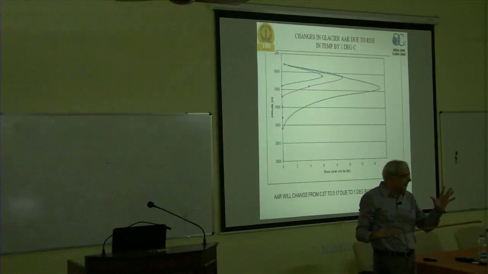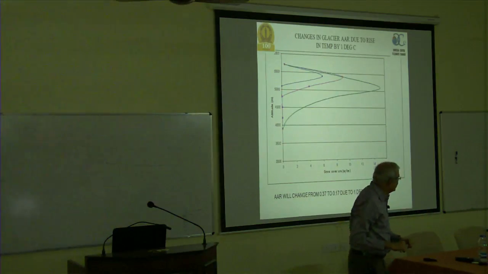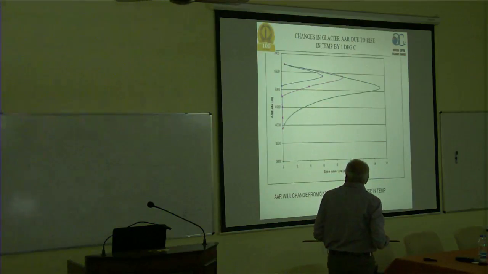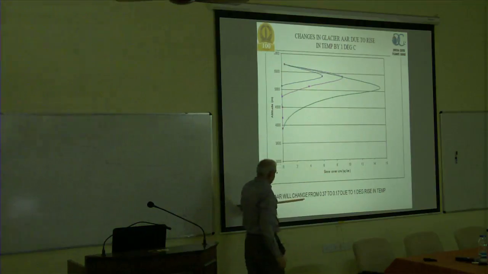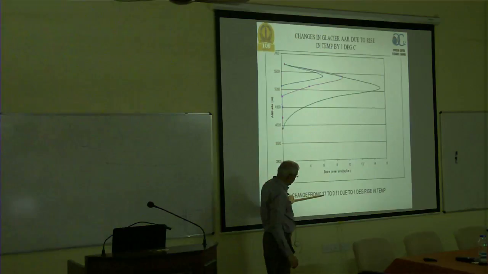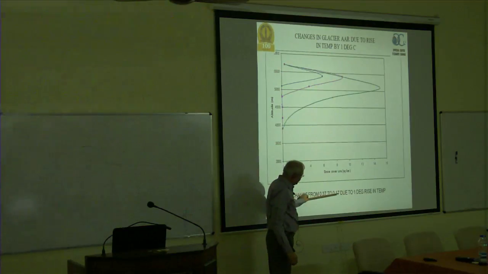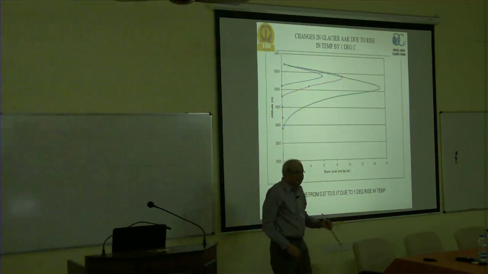Nothing big you did, you just added a simple lapse rate into that. And you got the new AR, and the change in AR will take place from 0.37, which is of today, to 0.17 due to 1 degree rise in temperature.